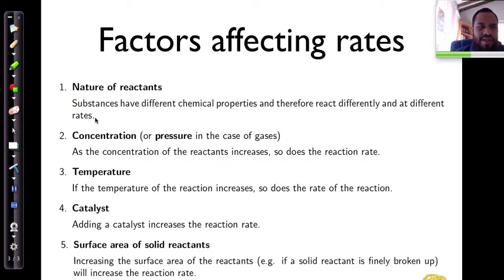So let me draw something out here. Let's just think about a calcivita tablet. Let me just check if I've got one. Okay, so it seems that I've got calcivita over here. And these calcivita items, these are effervescents.